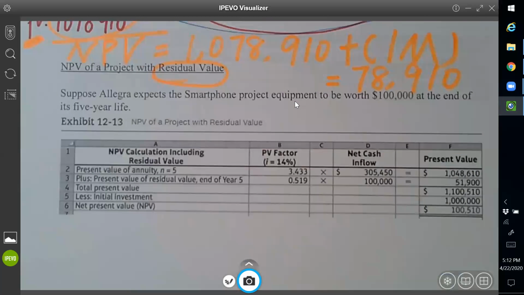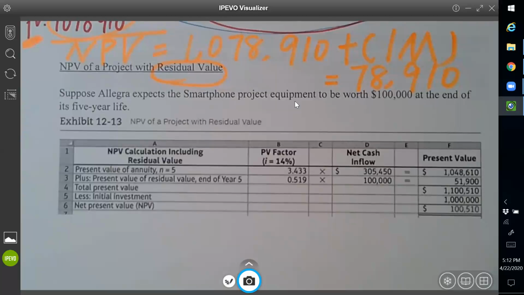But in reality, most likely when you invest in a project, it generates cash inflow for you every year, and then at the end of the project, you can sell the equipment, the building, the land, and get extra money. That's the residual.